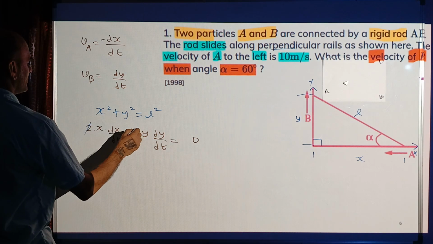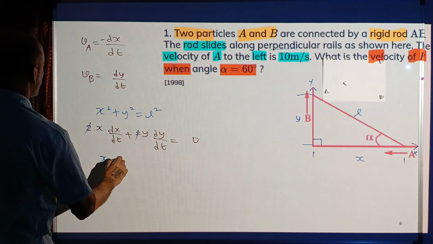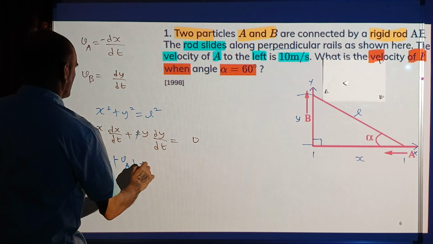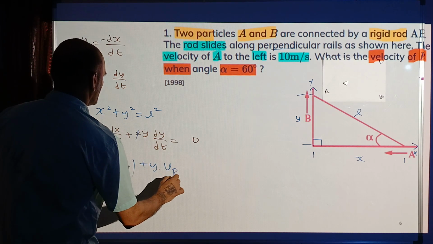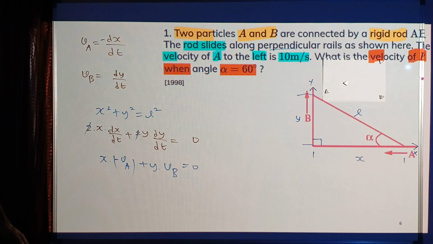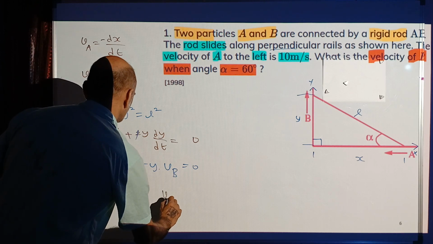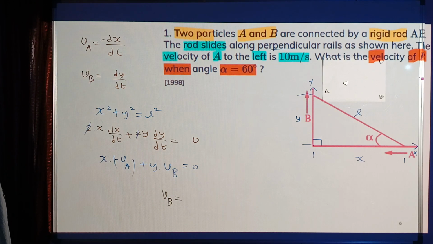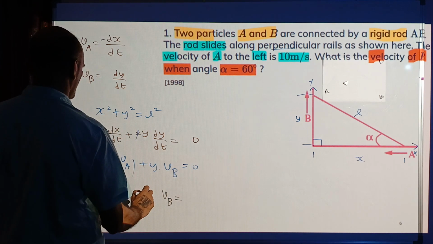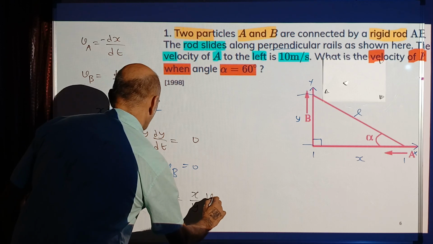Two can be cancelled, and this is x into dx by dt is minus va plus y into dy by dt is vb. So from this I'll get vb, you have to find vb, as x by y va.